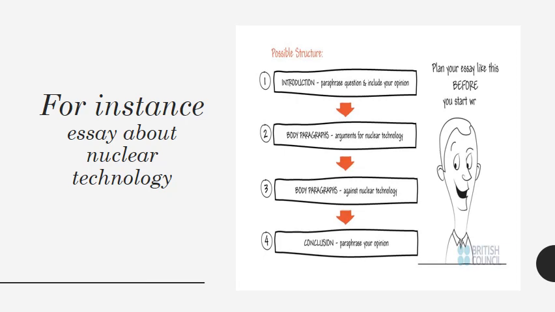Introduction, in which you have to paraphrase the question and include your own opinion. Then you have to use your body paragraphs. Here is the station. You have to stop and think, what am I going to write about? For instance, here I'm going to write about for nuclear technology and against nuclear technology.